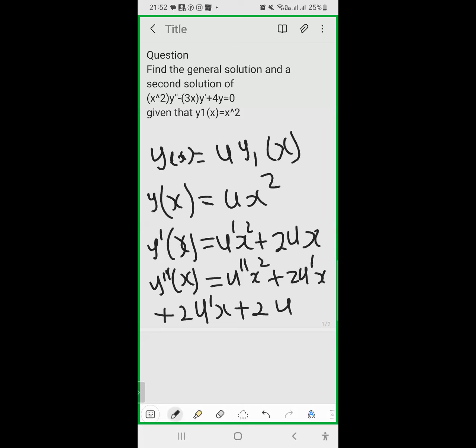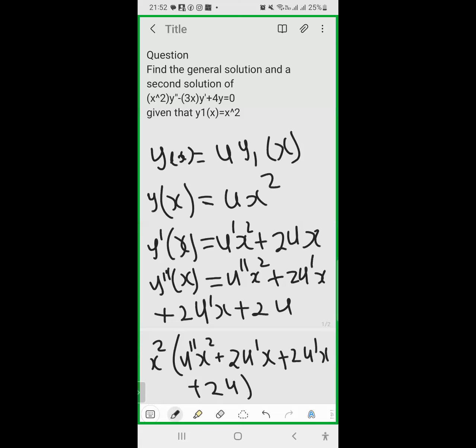And then the next step, we're going to substitute y of x, y prime of x, and y double prime of x into the given ODE. So that will be x squared multiplied by y double prime, which is u double prime x squared plus 2u prime of x plus 2u prime of x plus 2u.